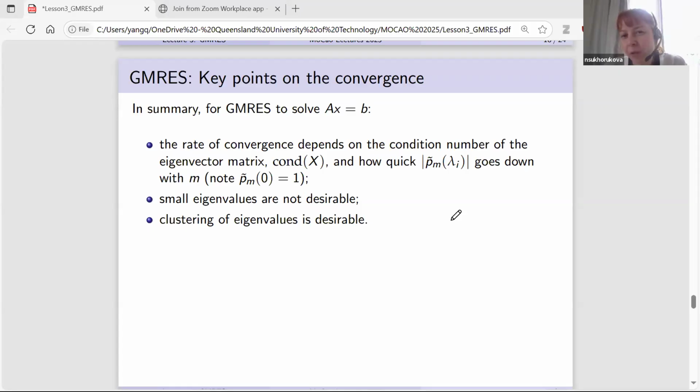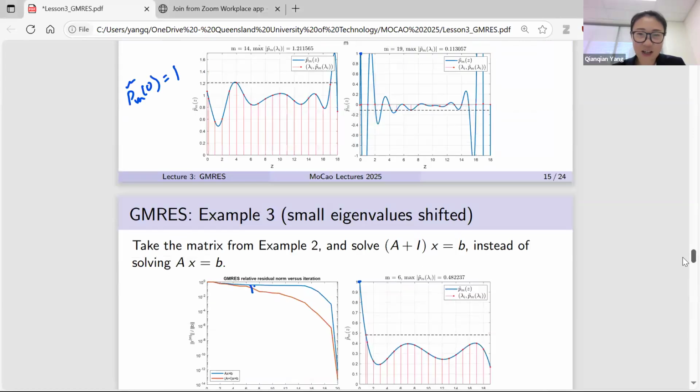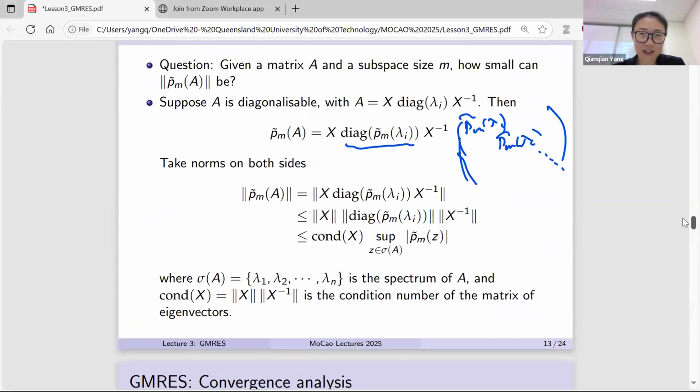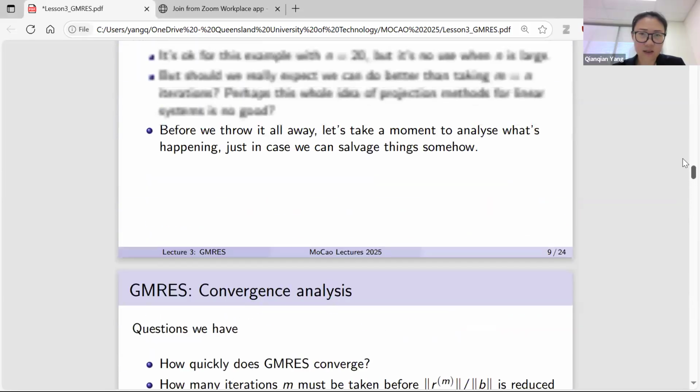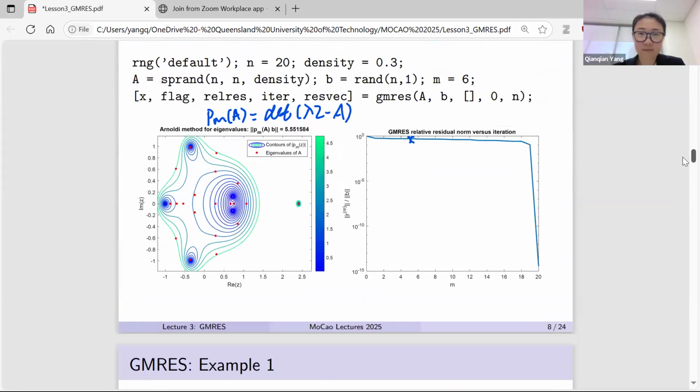I was wondering if you use some standard software, for example MATLAB, would this software already have GMRes implemented when you try to solve a linear system, or do you have to do it yourself? MATLAB has this GMRes function already, so no need to do it ourselves.